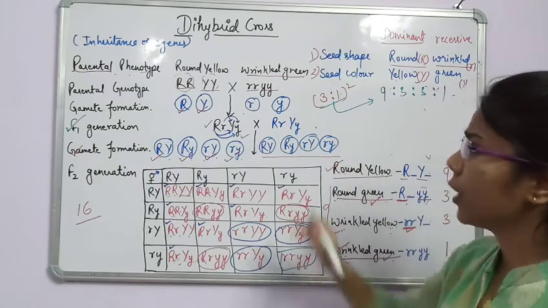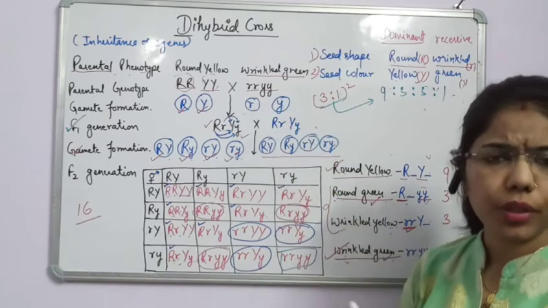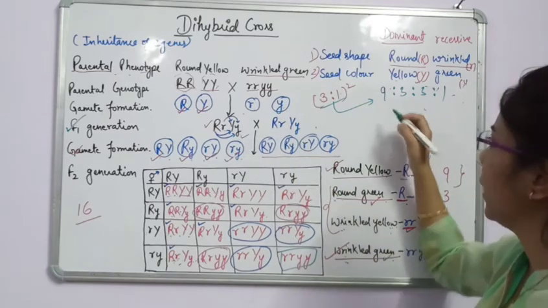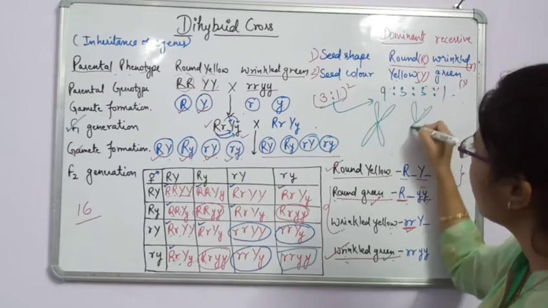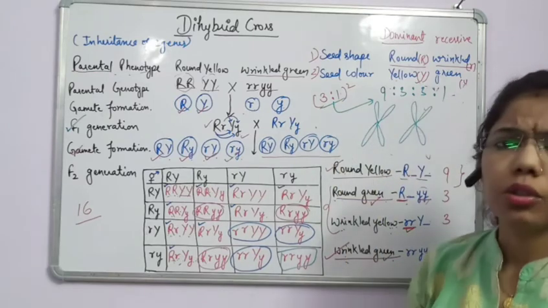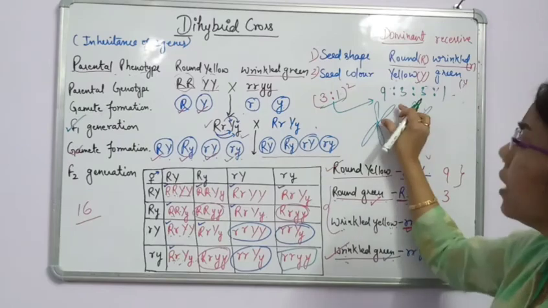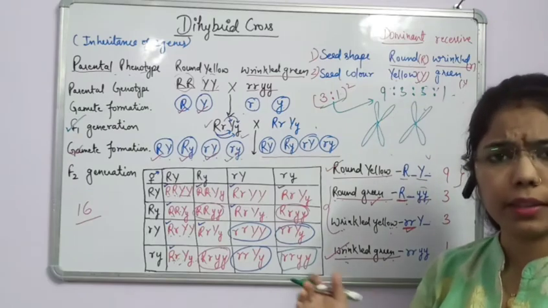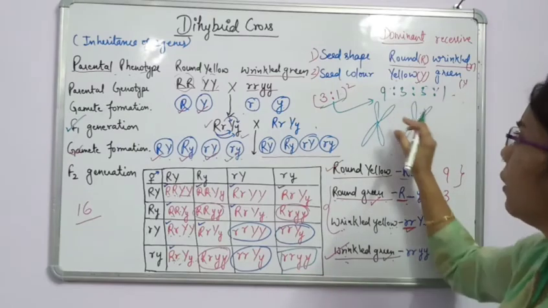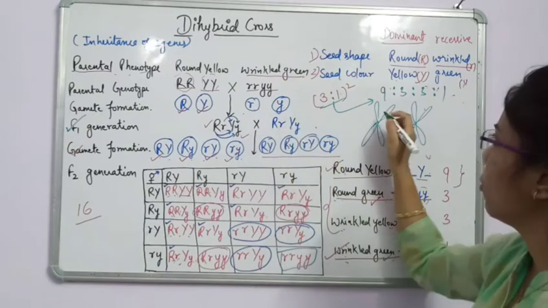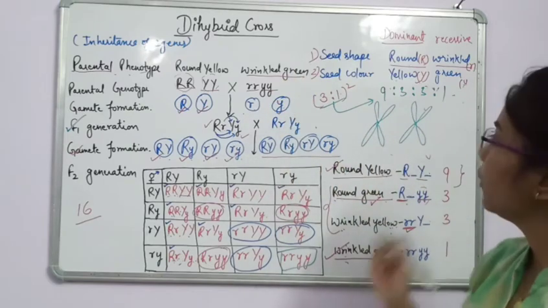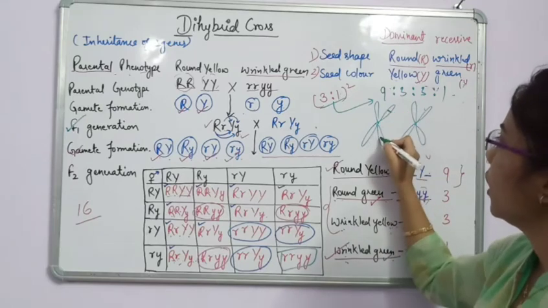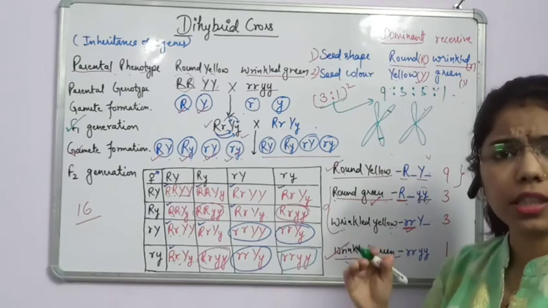If we are talking about two characters, we know that these are placed on the chromosome. So these characters should not be located at the same place or very near to each other. If one character is on one chromosome, then the other one should be on a different chromosome, or if it is present on the same chromosome, it should be placed distant from the other.